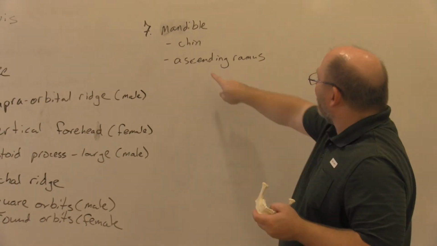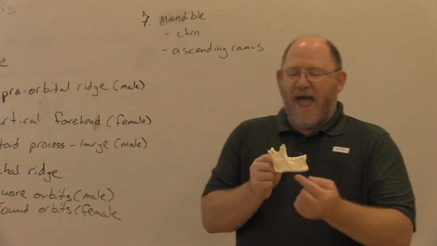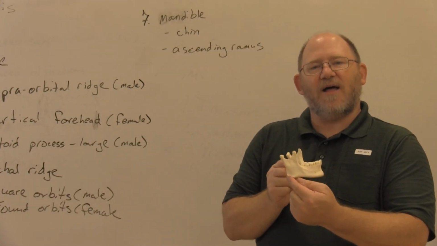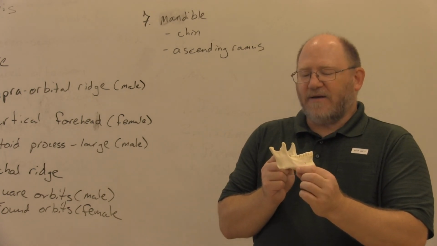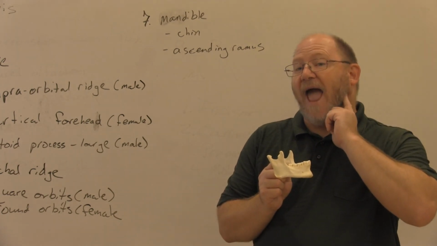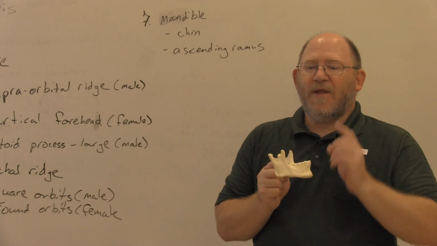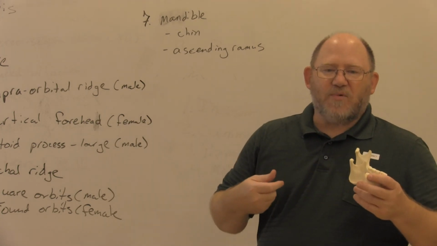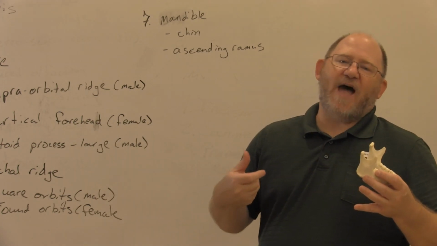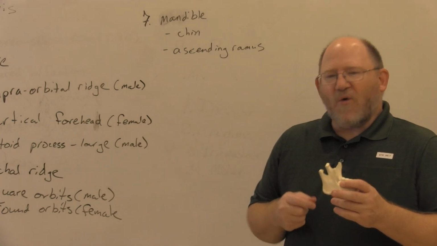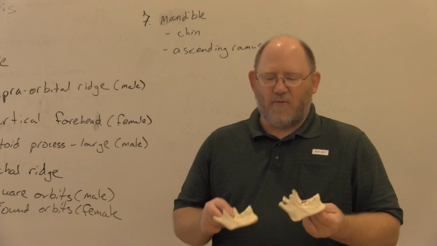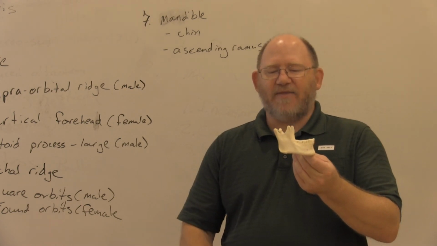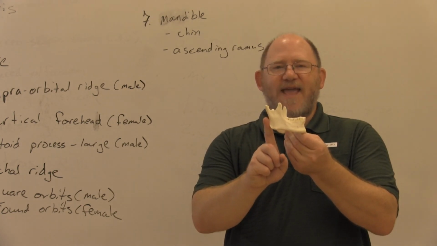And then the last one is at the jawline. This area is called the ramus. And so what we're looking at is the angle of the jaw. If you hear people talk about men especially having a square jaw, what we're looking at with that is the angle of the ascending ramus. We're looking at this location, what is the angle?